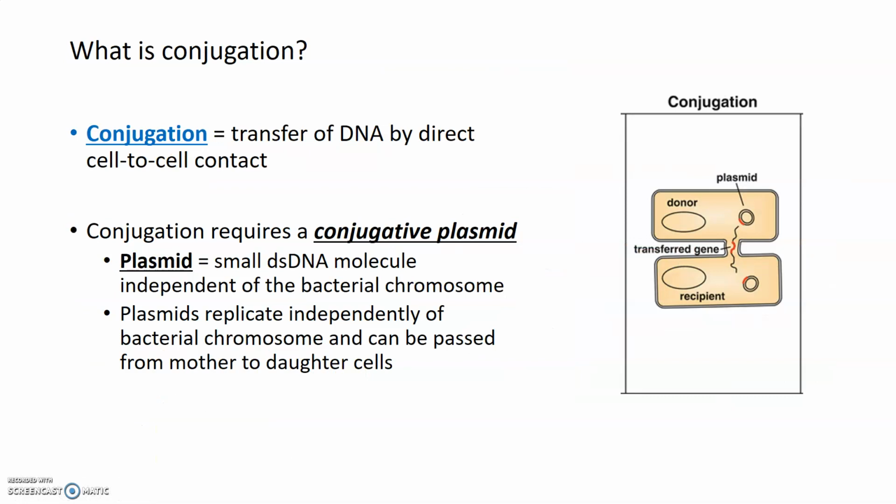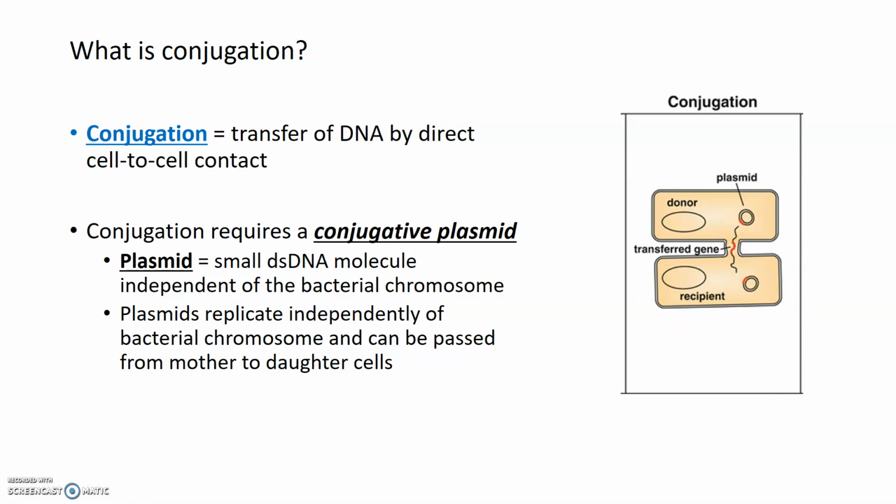As I just said, conjugation is a transfer of DNA or genetic information by direct cell-to-cell contact. And that cell-to-cell contact happens through a connection, as you can see here, known as a sex pilus. In order for conjugation to proceed, the donor cell, or the cell that is going to be transferring its DNA to the recipient, must have what's called a conjugative plasmid.